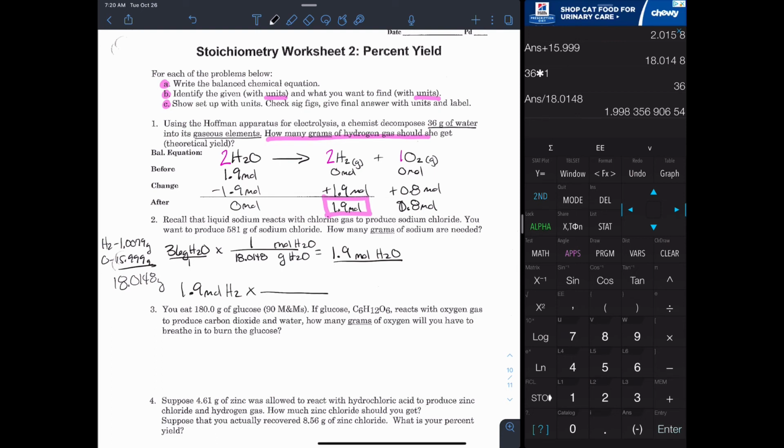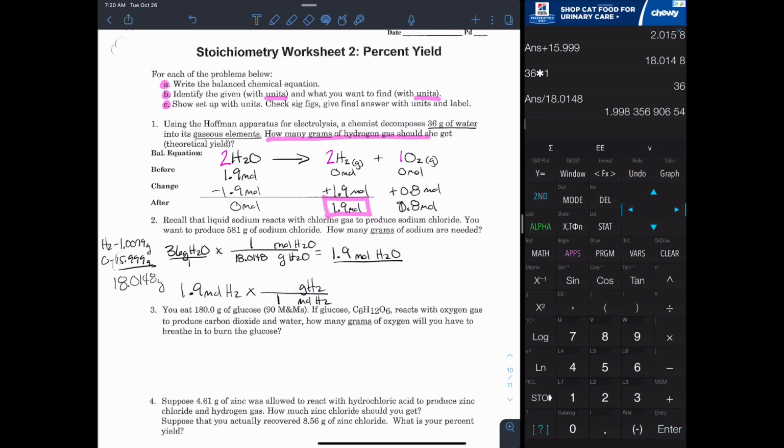Every time we change moles to grams, we'll set up a ratio multiplied by a fraction. The fraction should have the thing we want in the top, we want grams, and the thing we want to cancel in the bottom, we want to cancel moles. The ratio is always 1.